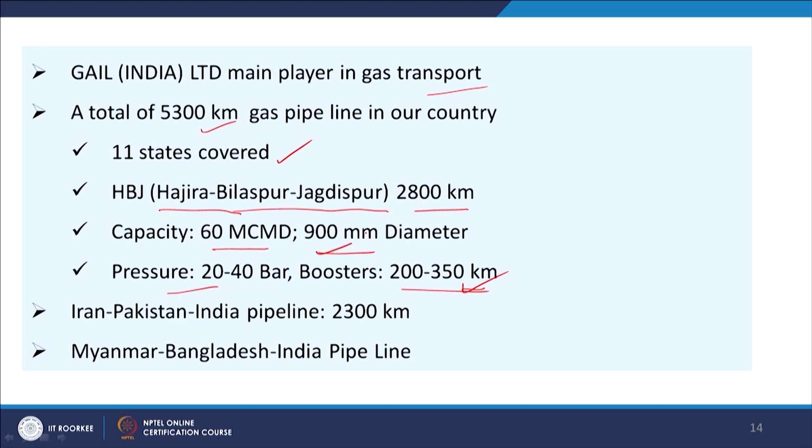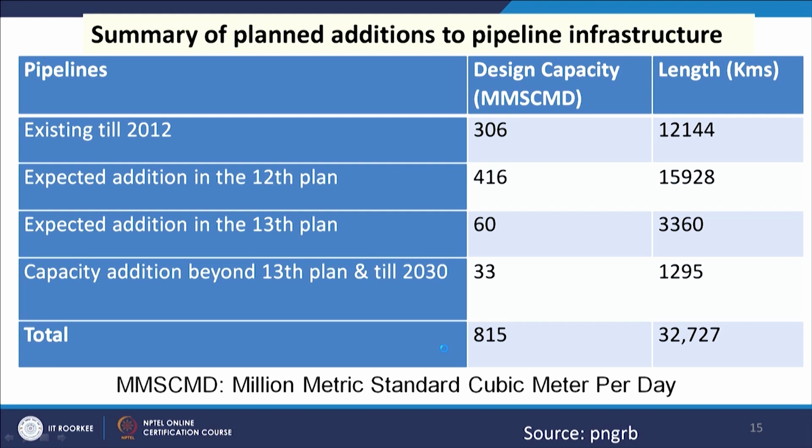Apart from this, we have the Iran Pakistan India pipeline of 2300 kilometers and the Myanmar Bangladesh India pipeline. These are the summary of planned additions to pipeline infrastructure.